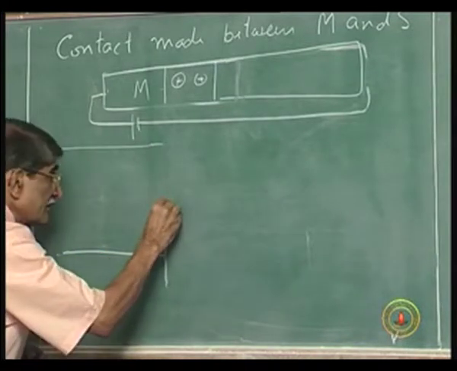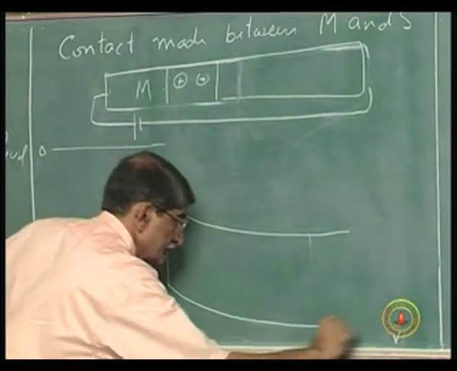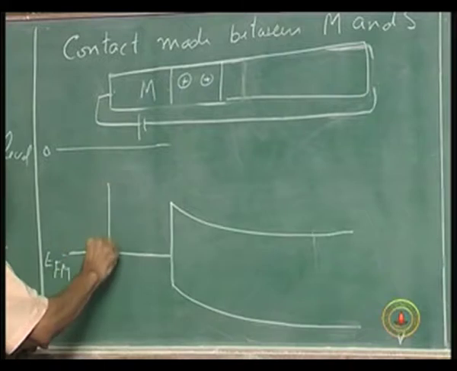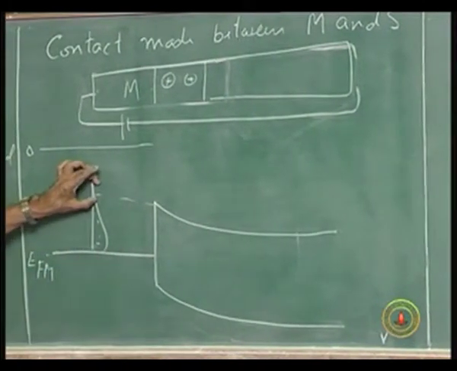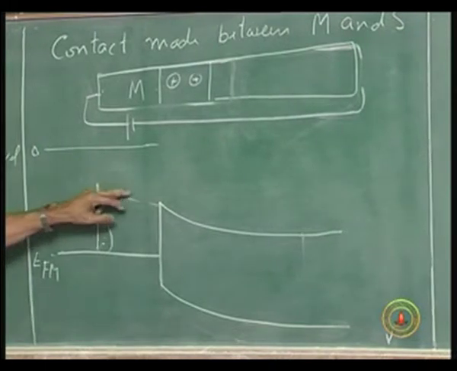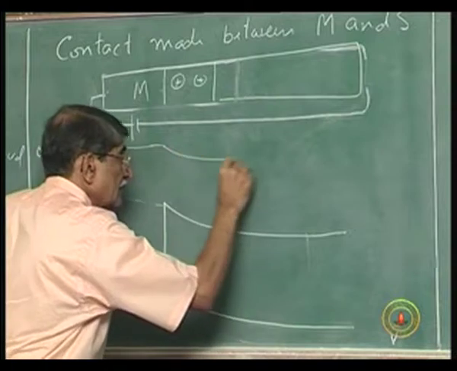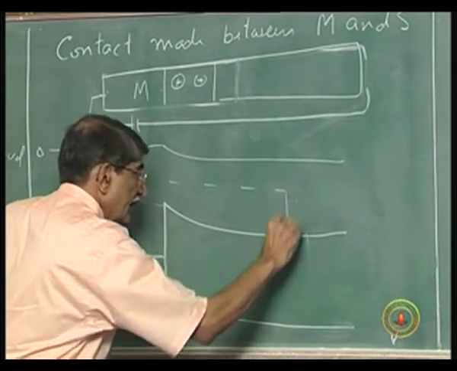So, the thermal equilibrium situation was like that, and those were the ones which were letting the electrons flow. On this side, redrawing the thermal equilibrium, it was like that originally.